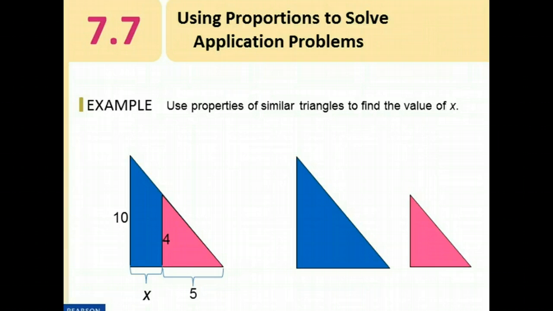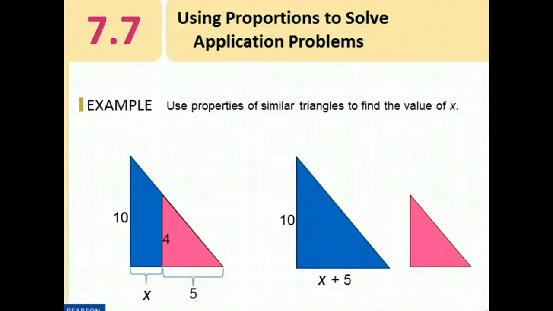So now we need to put labels on the sides of these two separate triangles by looking at the original picture. The height of the blue triangle is 10. And notice that the base of the blue triangle has two portions that are marked on the original picture. One portion is marked with X, and then the rest of that side is marked with a 5.